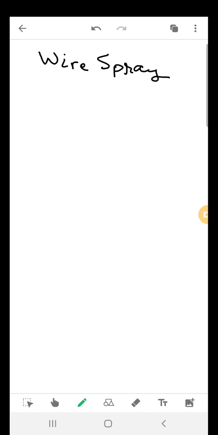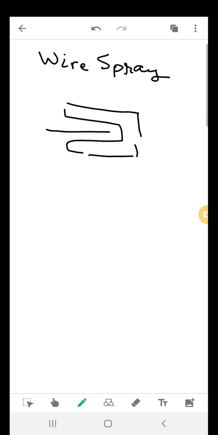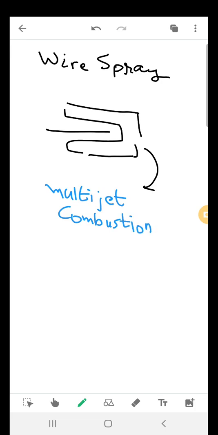Wire spray is where you select the material in the form of a wire, and you provide the wire with something called a combustion flame, which uses fuel in the form of acetylene.